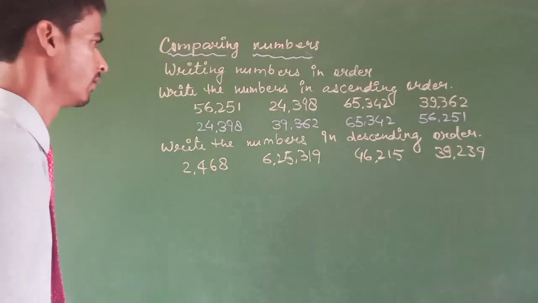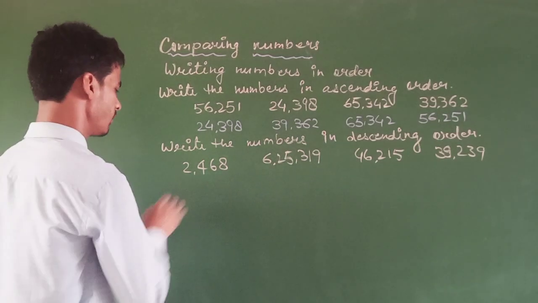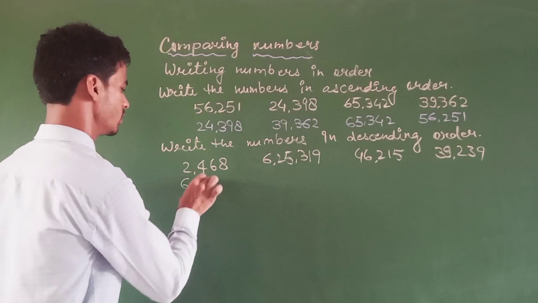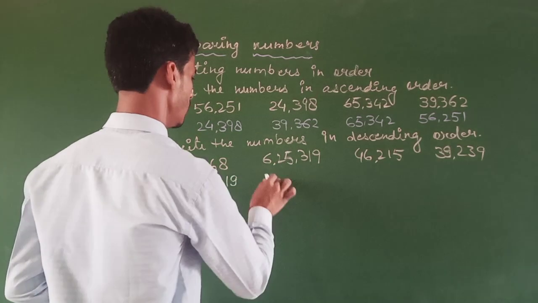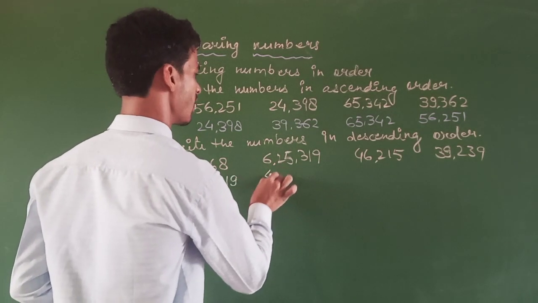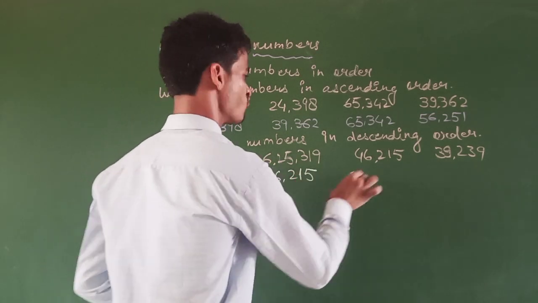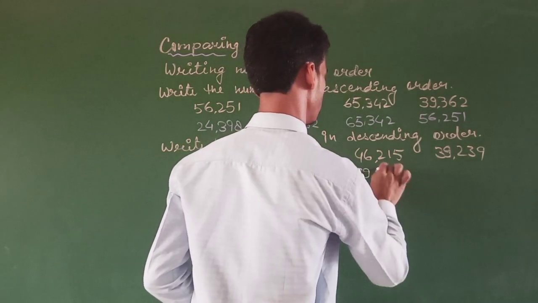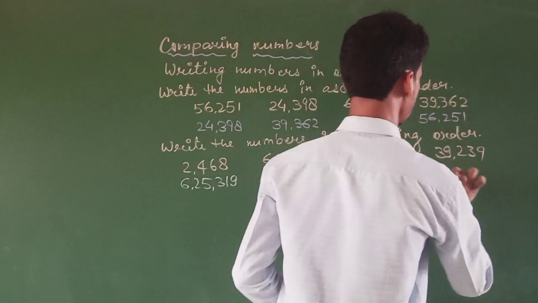Firstly we write greatest to smallest: 6,25,390, and after that 46,250, 39,239, and after that 2,468.